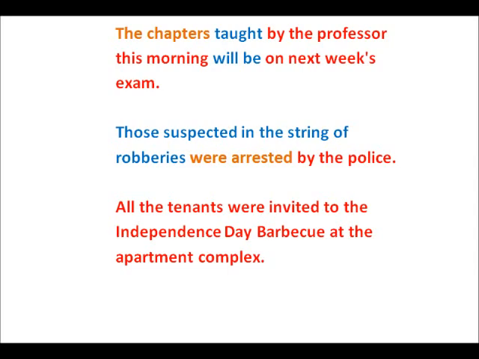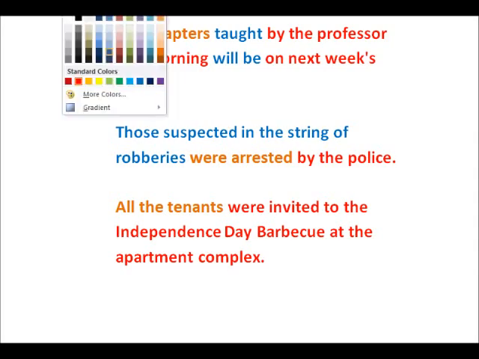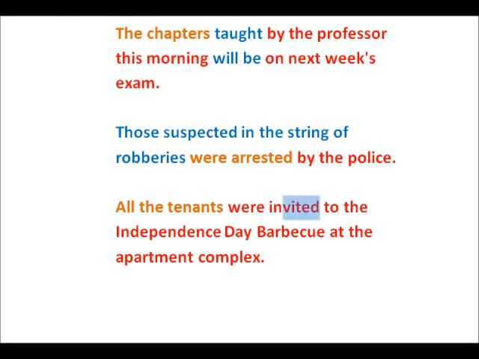Do we have a subject? Yes, we do. And the subject is all the tenants. Okay, fantastic. And we give it a special color. All the tenants, that's the subject. Now let's continue reading, looking for a verb. All the tenants were invited. That's a verb. Well, let's give it another color.